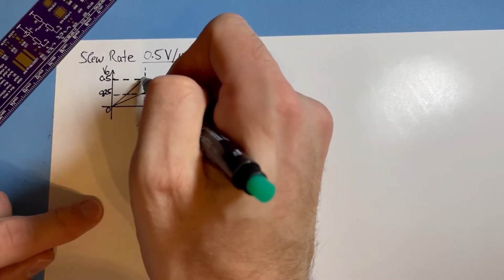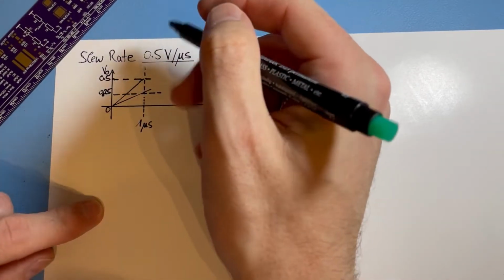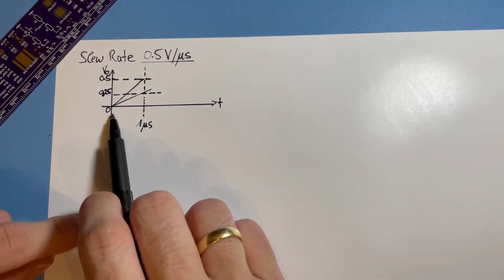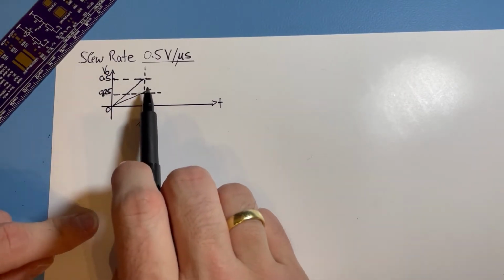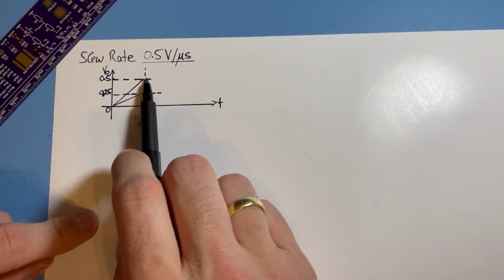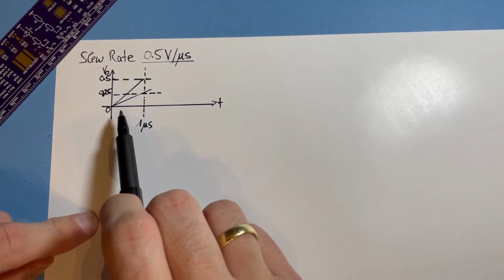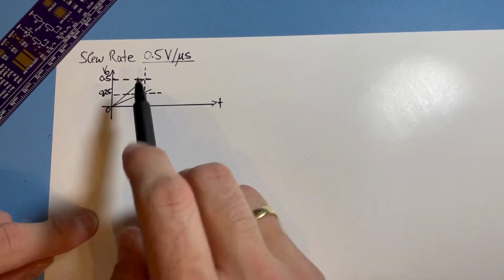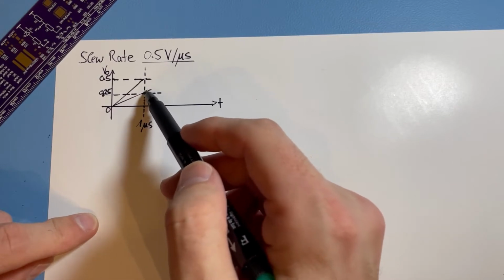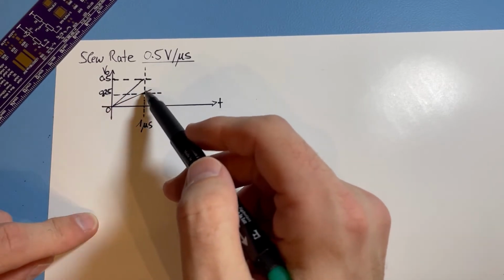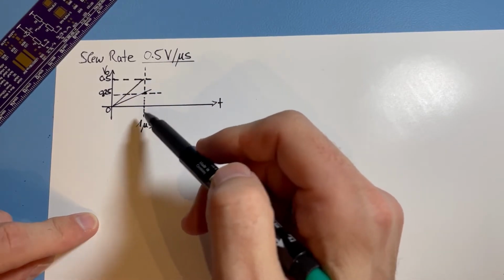It could have also risen in this 1 microsecond up to 0.5 volts, up to here. But we didn't put such a challenge on the device. Its only task was to rise a quarter of a volt and not half a volt in 1 microsecond.